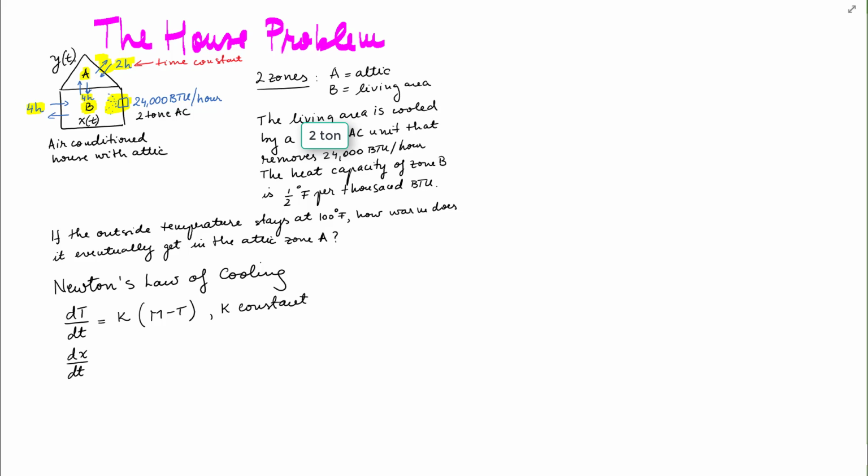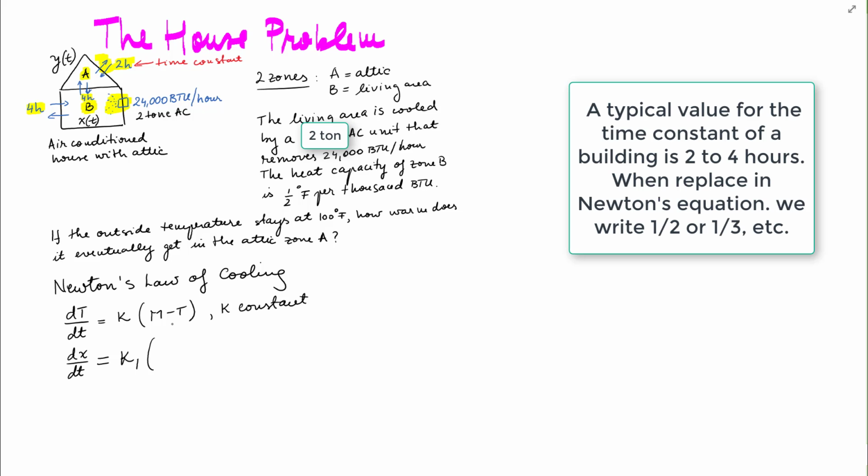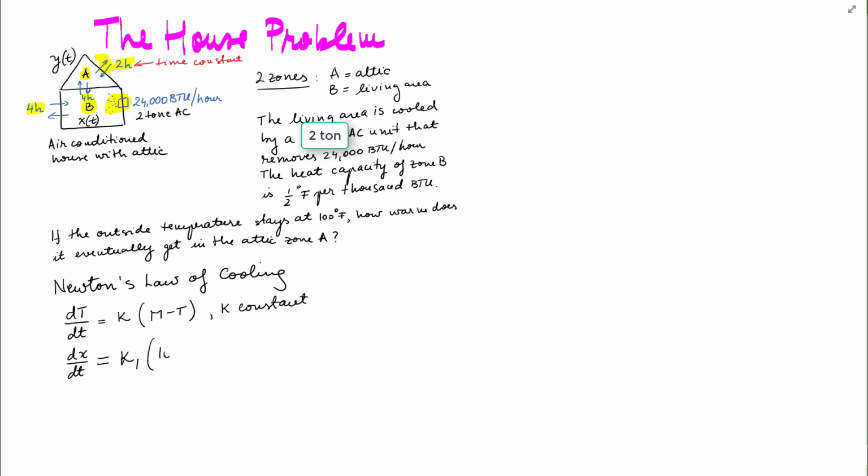So the rate of change of temperature dx/dt in zone B is equal to K1, the constant for the first one, times the temperature of the outside, so it's 100, minus x, plus the change between the inside and the attic.